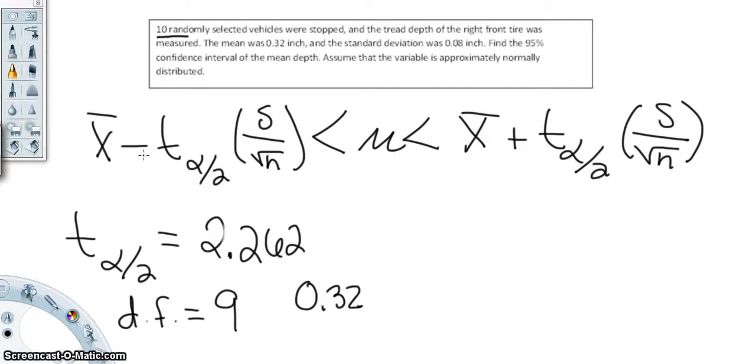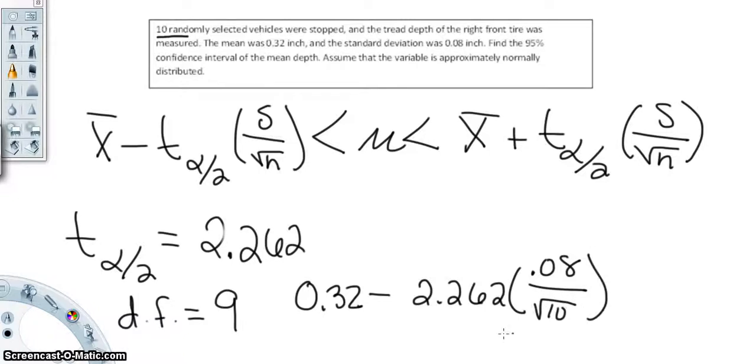And we subtract t, which was 2.262, times our sample standard deviation, which was 0.08, divided by the square root of our sample size, so square root of 10. And we get, magic calculator, 0.263.